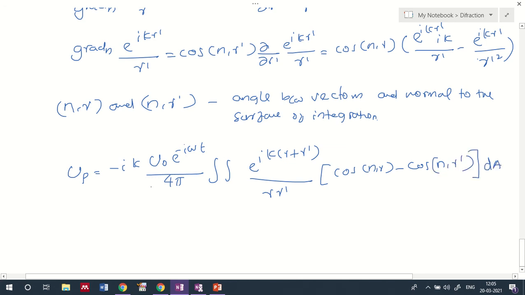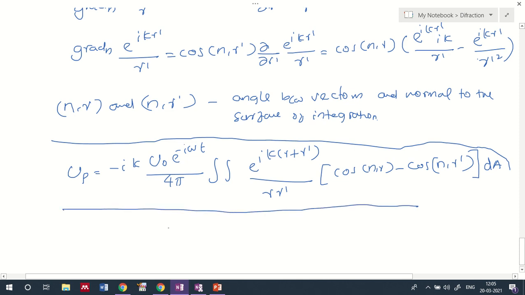So this is the final representation of the equation, and this equation is called the Fresnel-Kirchhoff formula.